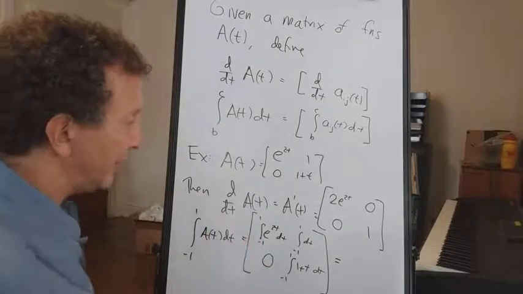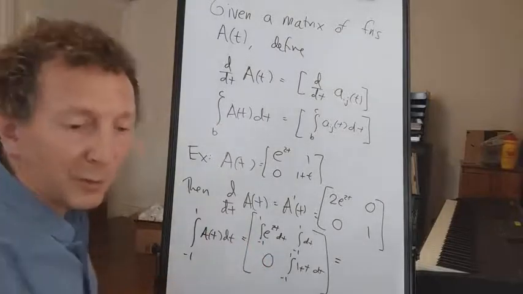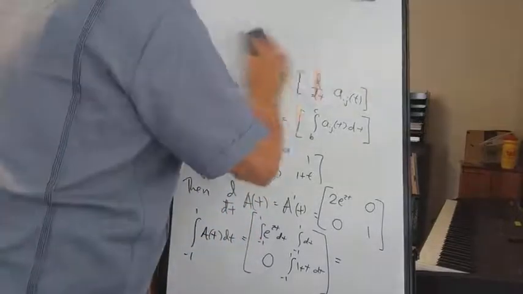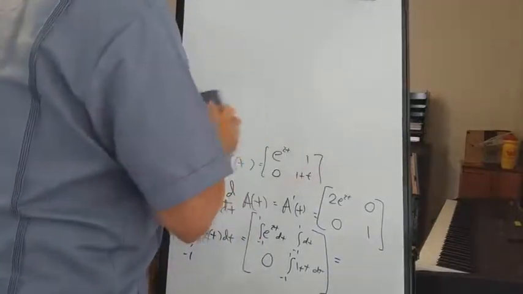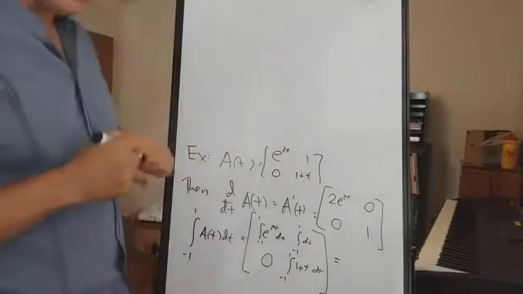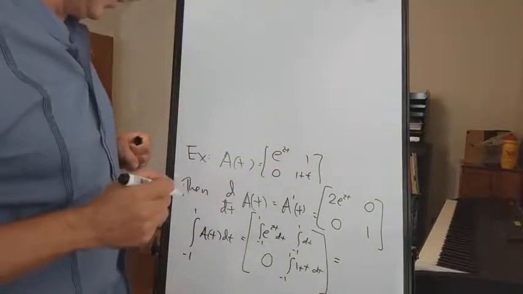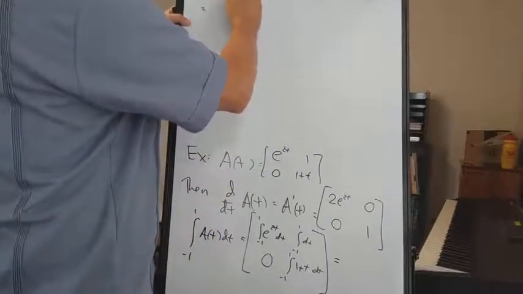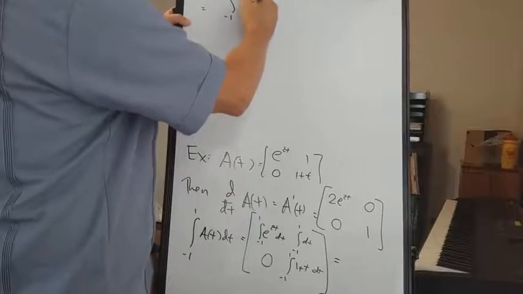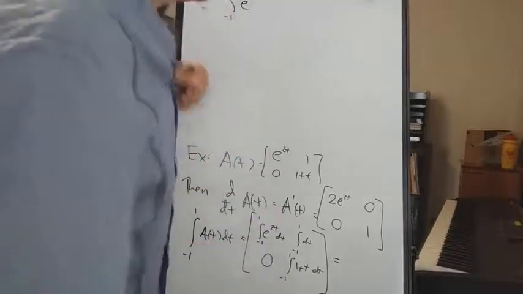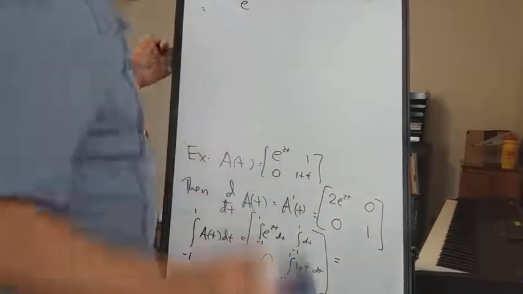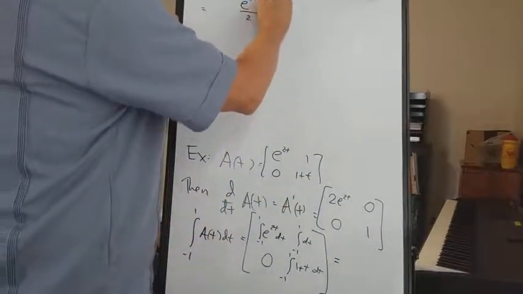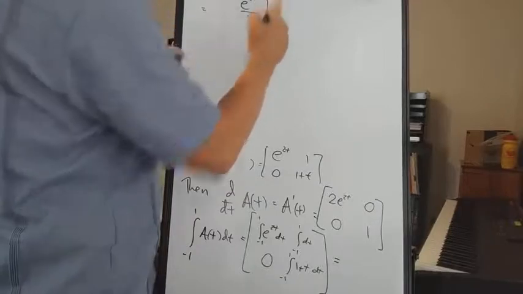Now the integral of e to the 2t, I guess I'm running out of room here. Let me go back to the top. Is e to the 2t over 2, evaluated from negative 1 to 1.